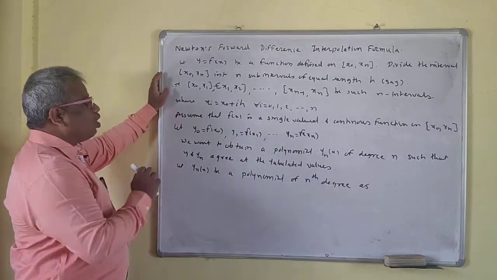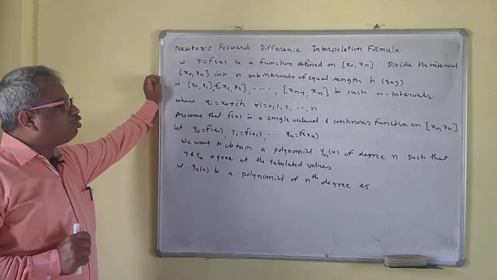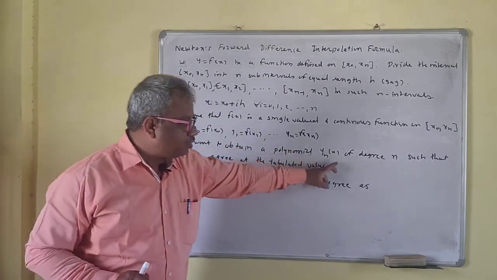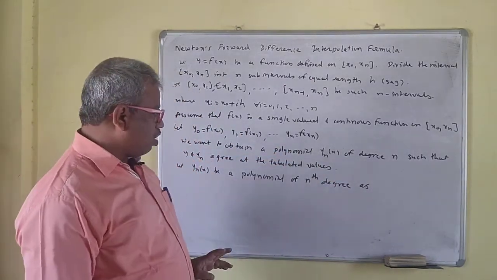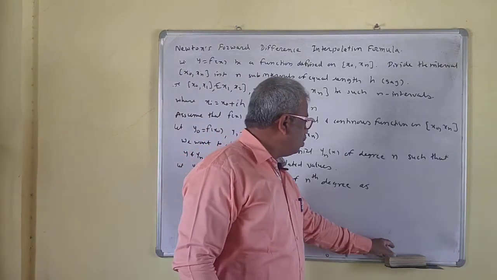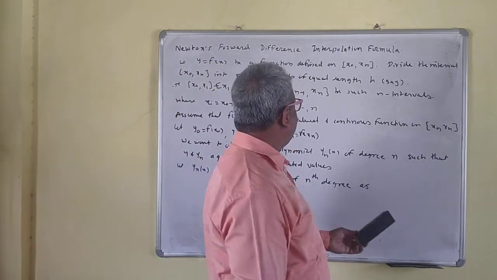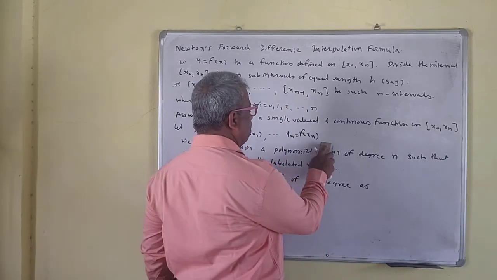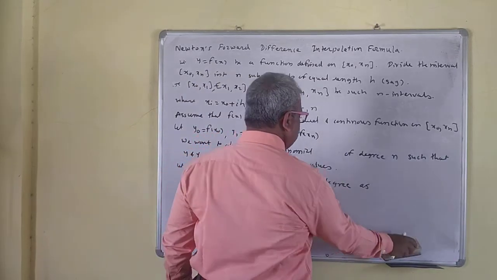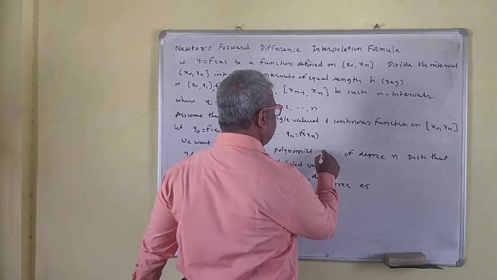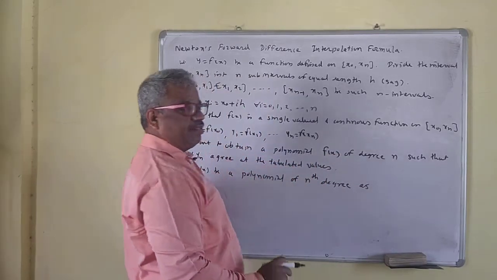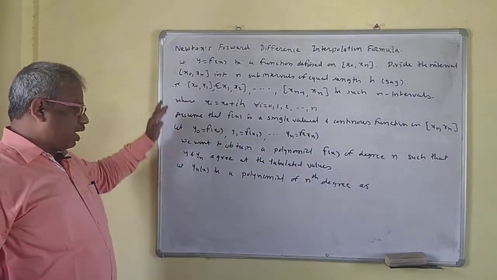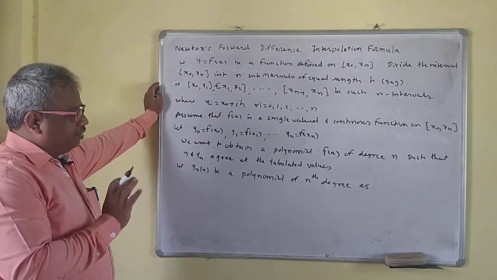Now we want to obtain a polynomial. Here we have to obtain a polynomial yn of x of degree n. Instead of yn of x, we will write f of x, no problem if you say f of x, of degree n such that y and yn agree with the tabulated values.